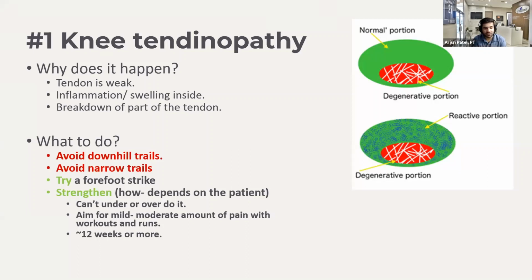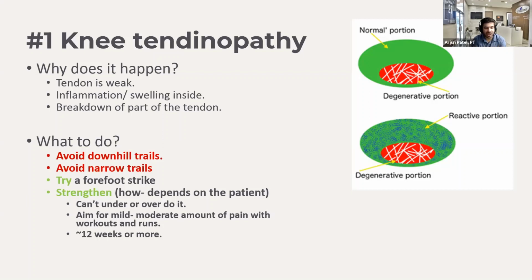The reason is that there's some research that shows forefoot strike reduces the load on the knee. So we want to try to decrease how much force is going through that knee a little bit more.